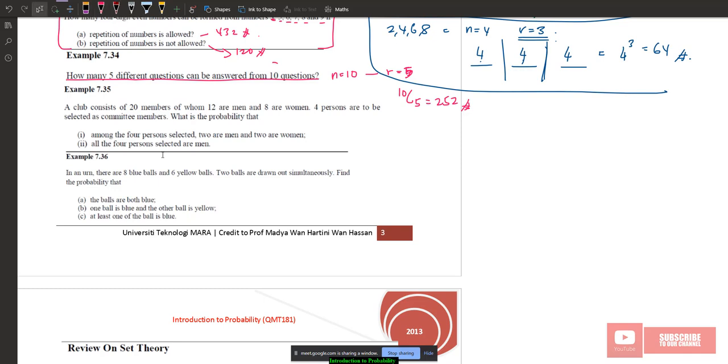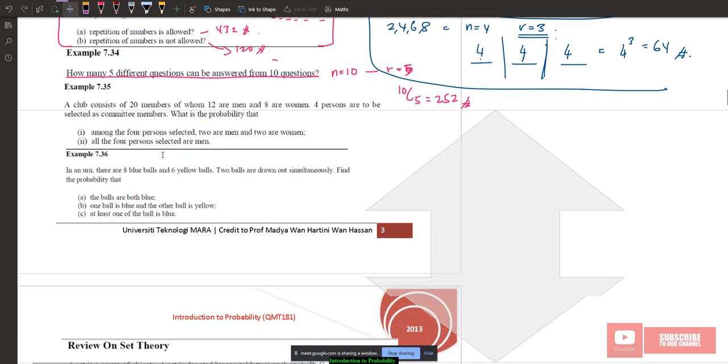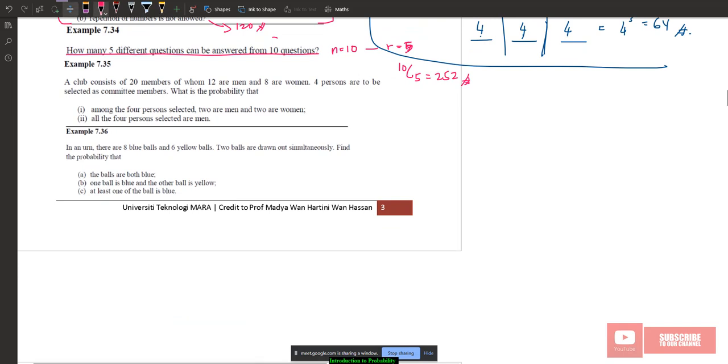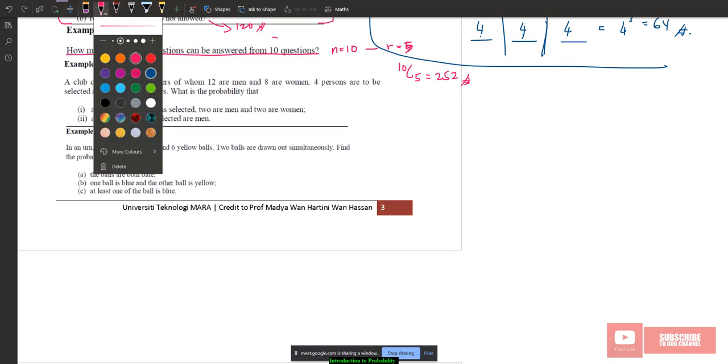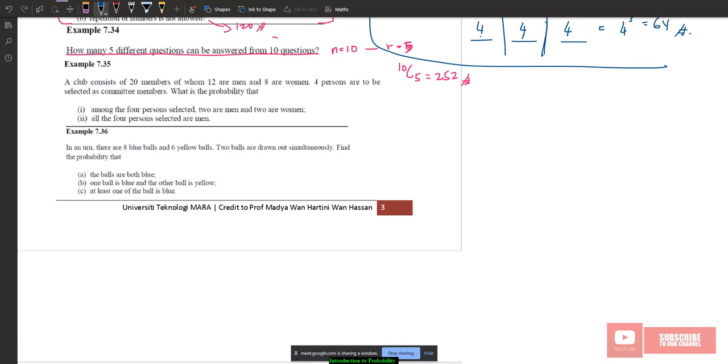Now, example number 7.35. So this is going to be a bit calculative. A club consists of 20 members, of whom 12 are men and 8 are women. 4 persons are to be selected as a committee.